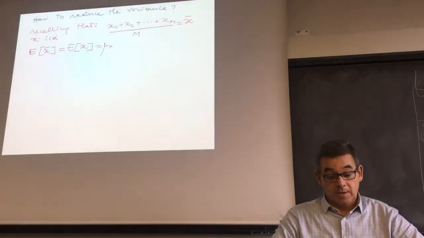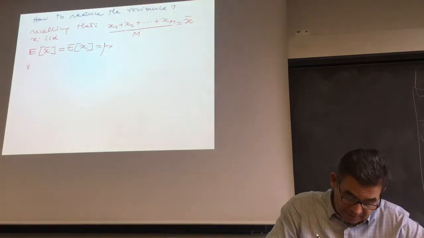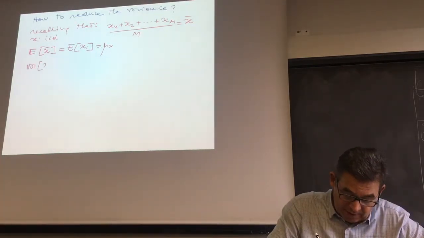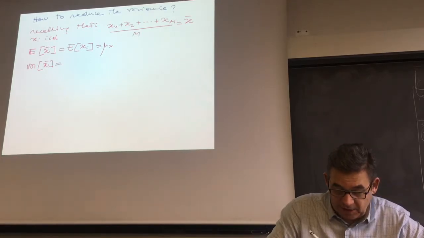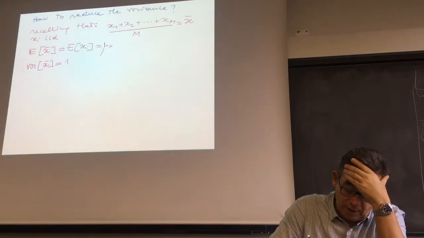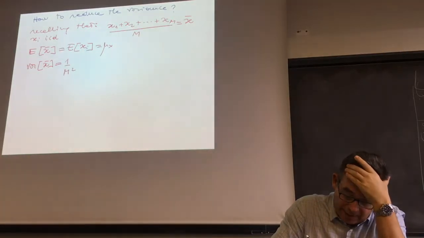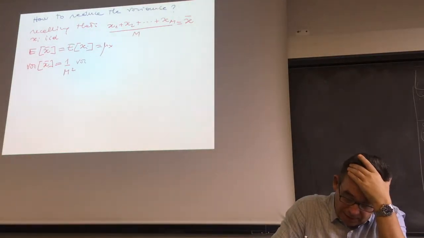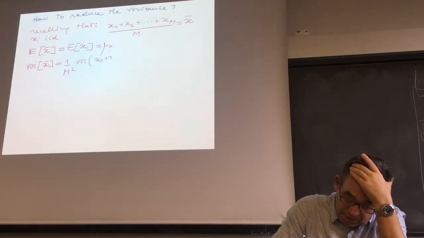So what is the variance then? The variance of the mean, since they are statistically independent, is 1 over m squared times the variance of the sum x1 plus x2 plus and so on.